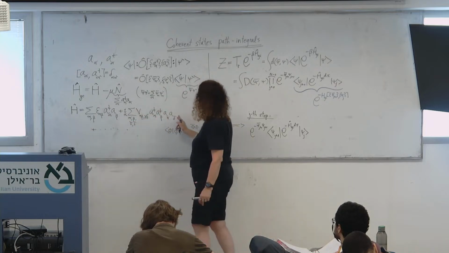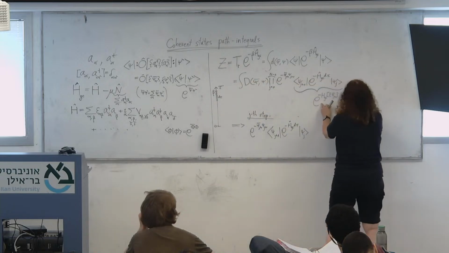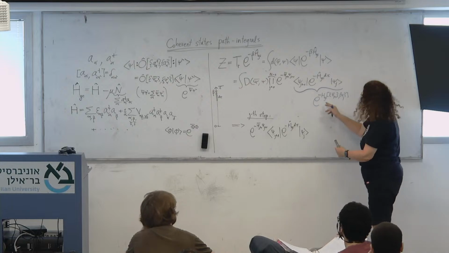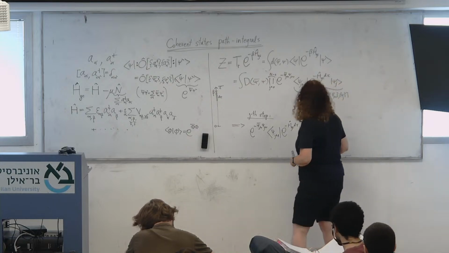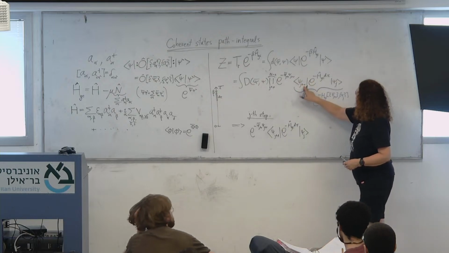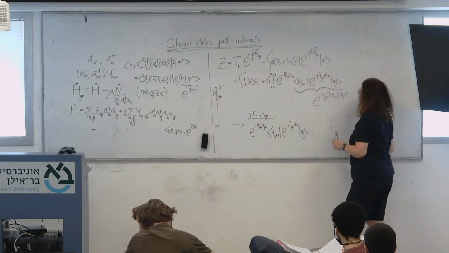And similarly here. So this is what this is. And now it's a number. It's an exponential of some functional of this field, but it is now multiplied by the overlap of psi j plus 1 and psi j.